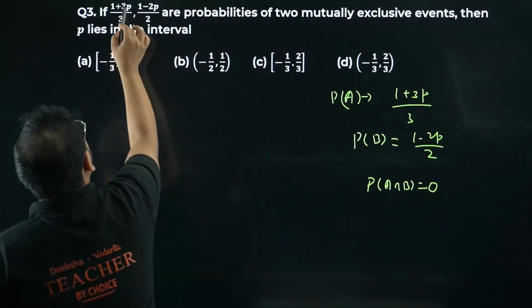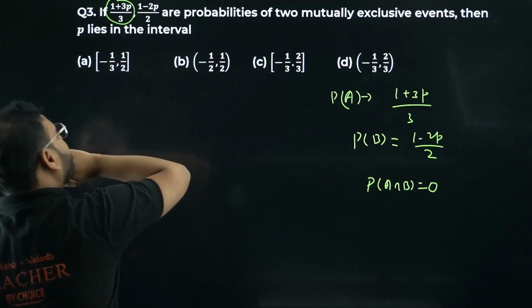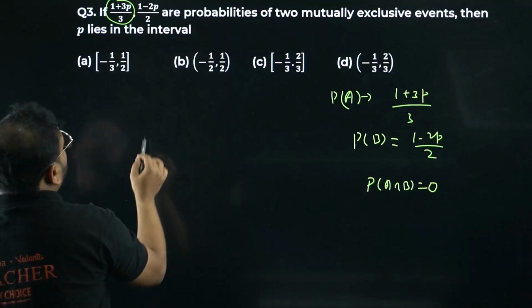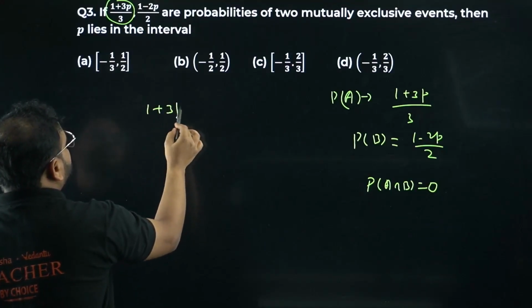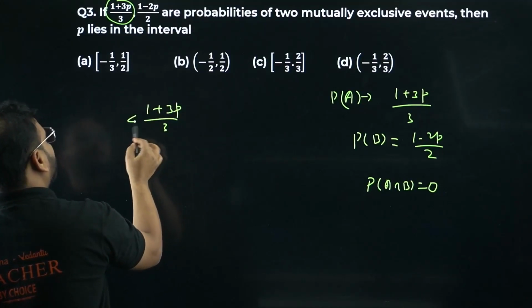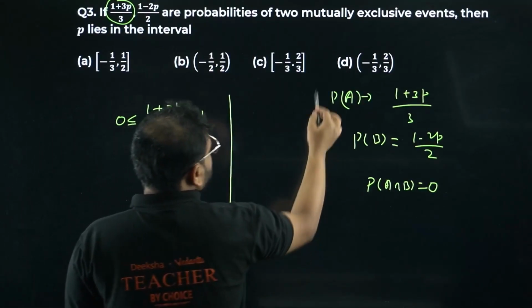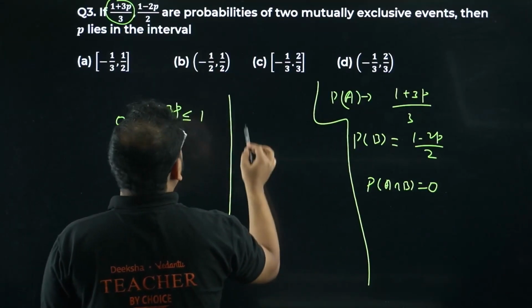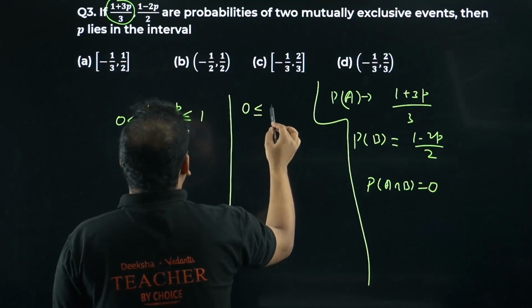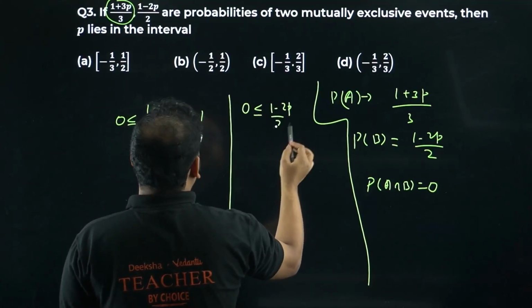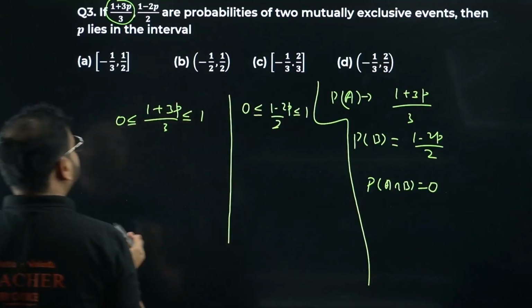So understand this. The probability will be less than or equal to 1 and more than or equal to 0. I can write 1 plus 3p by 3 will be more than or equal to 0 and less than or equal to 1. For the other one we'll have the same condition, 1 minus 2p by 2 less than or equal to 1. Let's solve this.